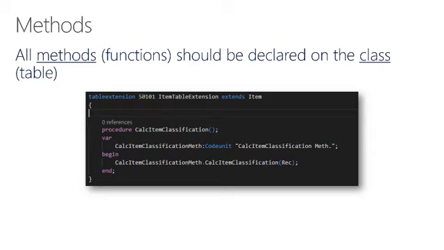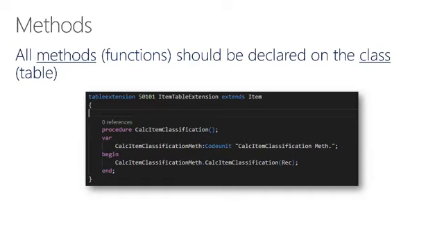For instance, when we have a function to calculate the item classification, which is a function of the item, the item is the agent for the classification calculation. Then we create a method on the class. So the item table gets a global procedure called calculate item classification, but the method itself, the business logic, is contained within a codeunit.